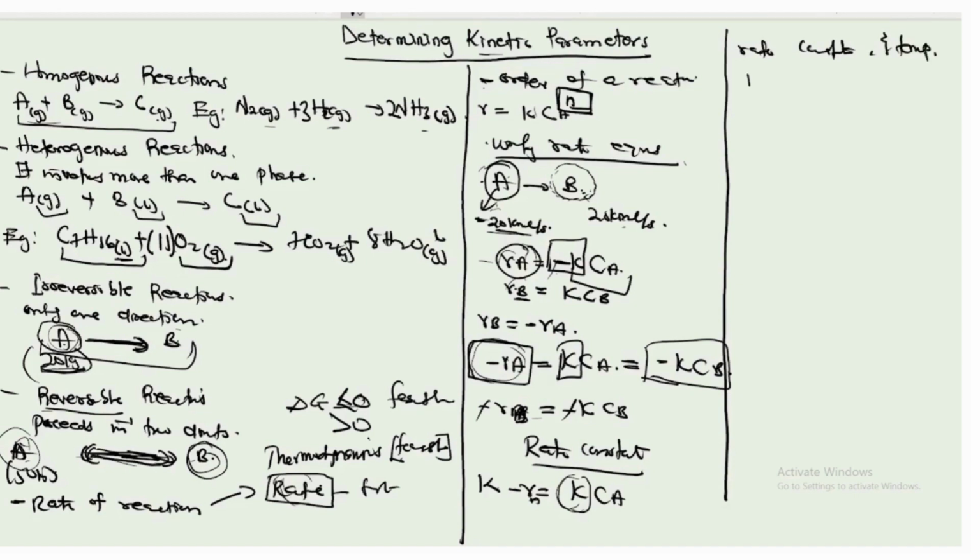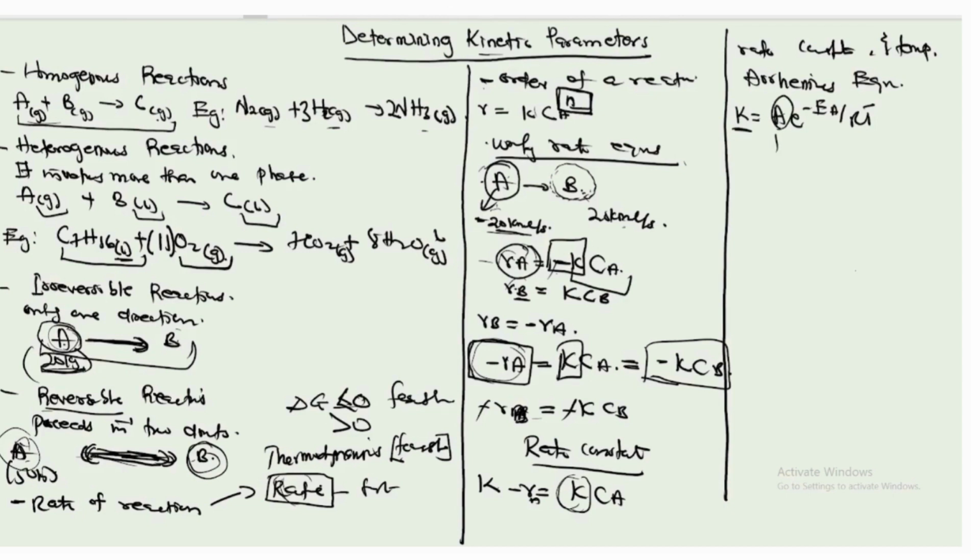is given by the Arrhenius equation. And the equation is K is equal to A exponential negative EA over RT. Our K here is our rate constant.